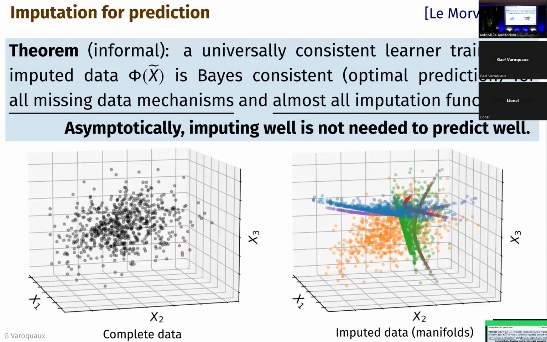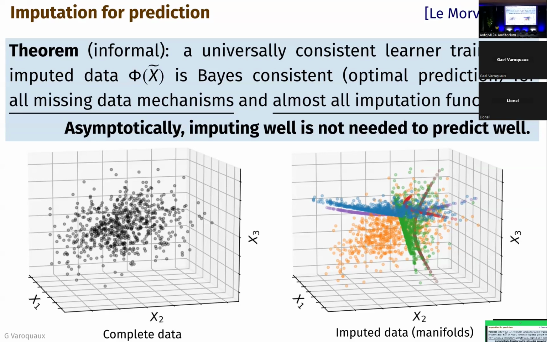Okay. Now, switching to predictive settings. A few years ago, with Marine Lemorvan, who's been really leading this research in my group, we derived a very strong theorem, and I'm not going to go into the formal writing of the theorem, but considering a prediction setting on which we use a universally consistent learner.